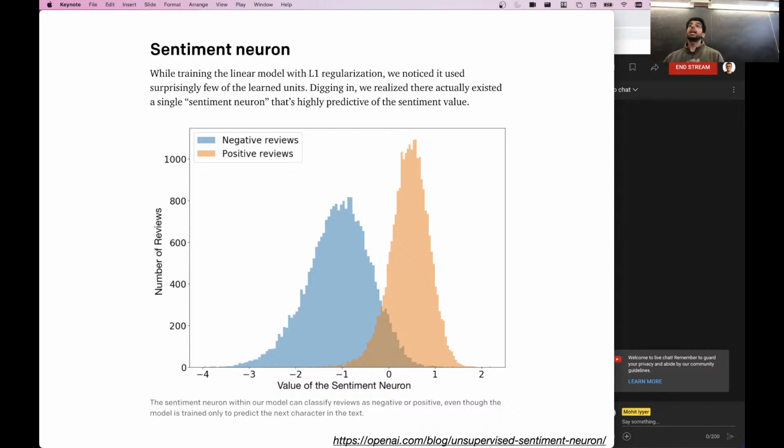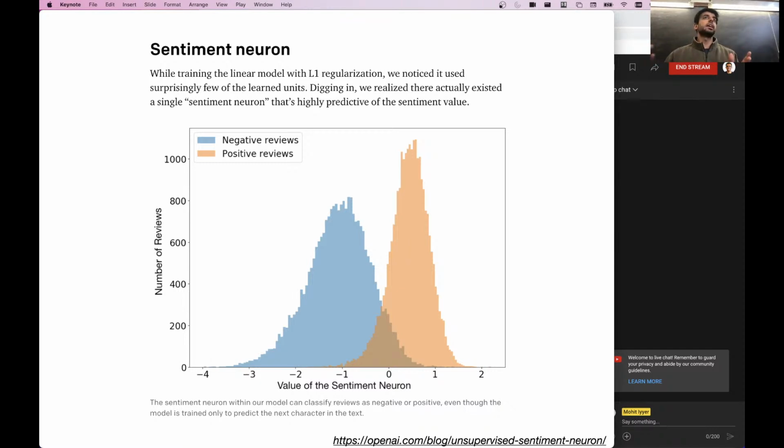And this behavior arose from just next word prediction. The model at some point realized that encoding the sentiment into its representations was helpful for predicting the next word, and this single neuron somehow became responsible for that information.